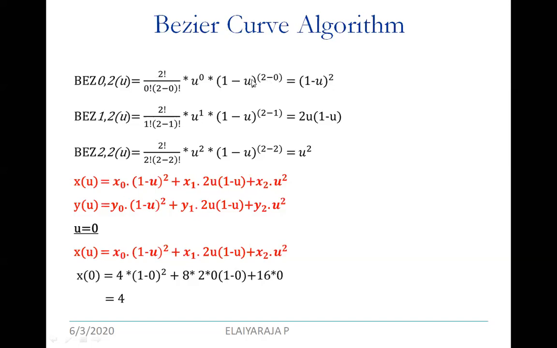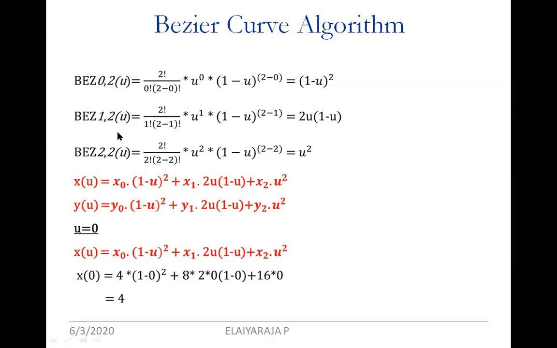Here n equal to 2 and k equal to 0, so 2 minus 0. When you derive this equation, you get the final answer: 1 minus u whole square, right? So here you get 1 and here you get 1, and the remaining is (1 minus u) whole square, right?